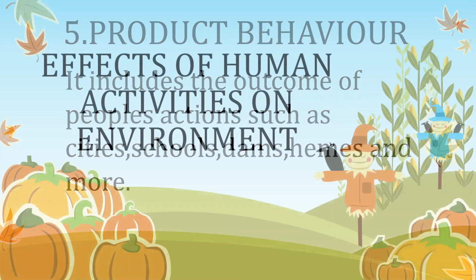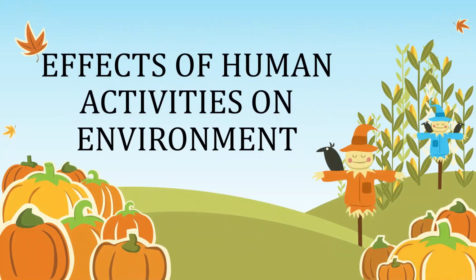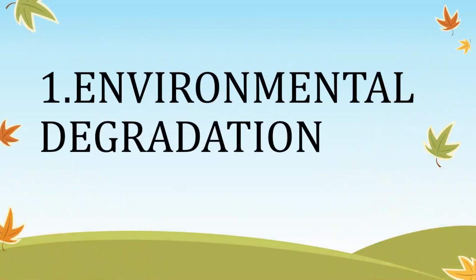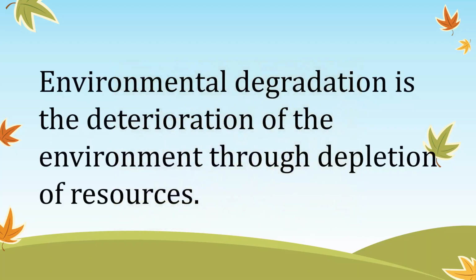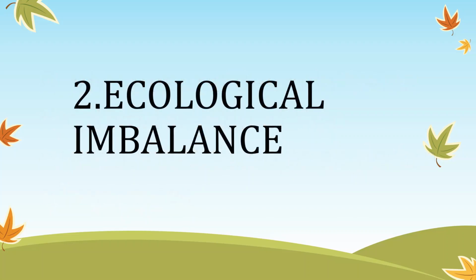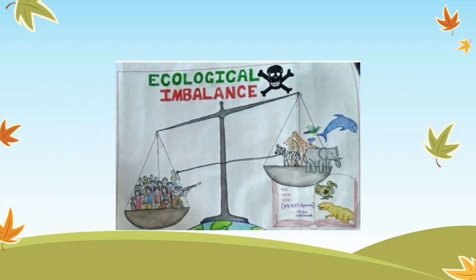Now, effect of human activities on environment. First of all, environmental degradation. So here you can see images. Environmental degradation is the deterioration of the environment through depletion of resources. Second one, ecological imbalance. Here you can see a beautiful image.